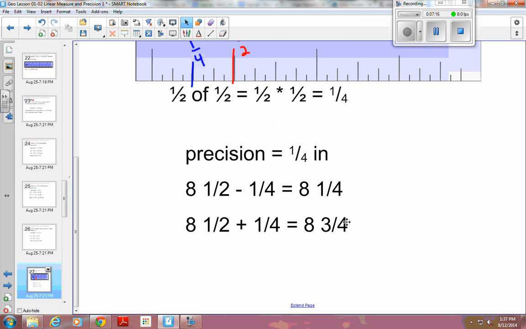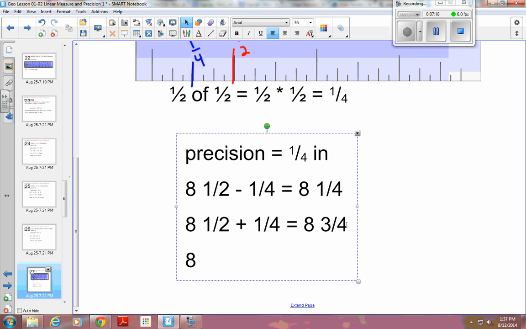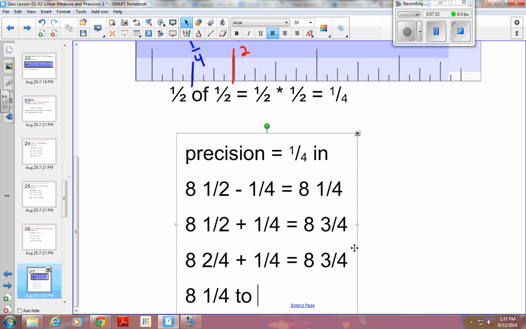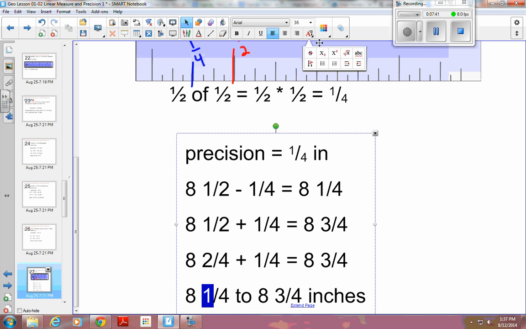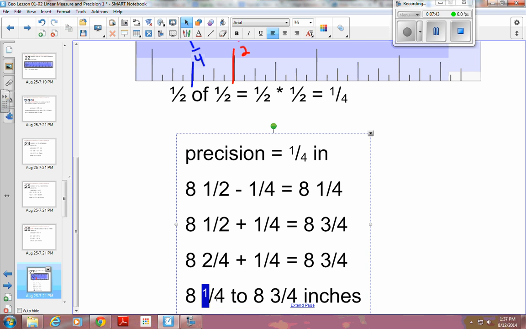So that would be 8 and 2/4 plus 1/4 is equal to 8 and 3/4. So my measurements could be anywhere from 8 and 1/4 to 8 and 3/4 inches. And that would still be considered 8.5.